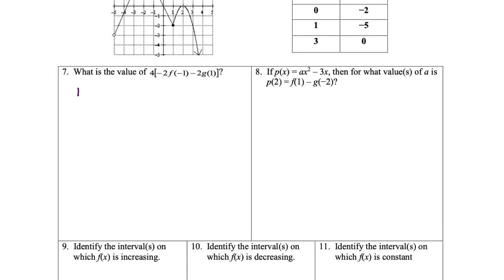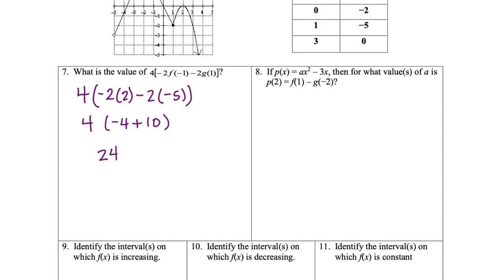And so filling in here, you're going to have 4 times -2 times 2 minus 2 times -5. And so that's going to give you 4 times -4 plus 10. And so you're going to get 24.